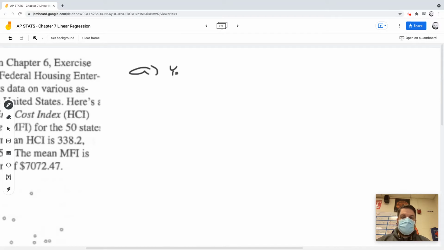I would say yes. And the reason is the housing cost index and the median family income are quantitative. So that's the first thing. They're not qualitative, they're quantitative.